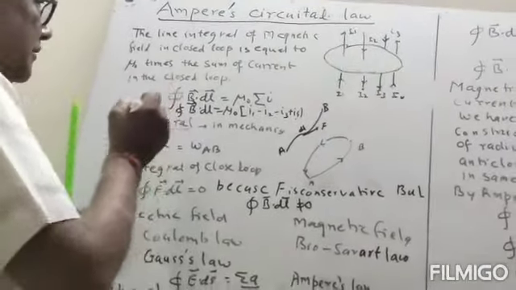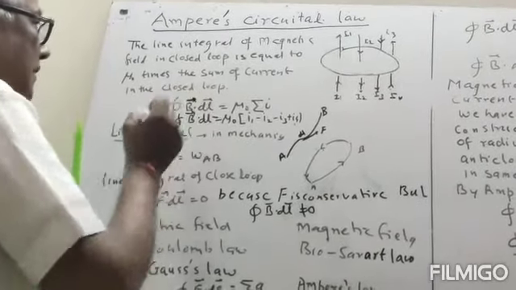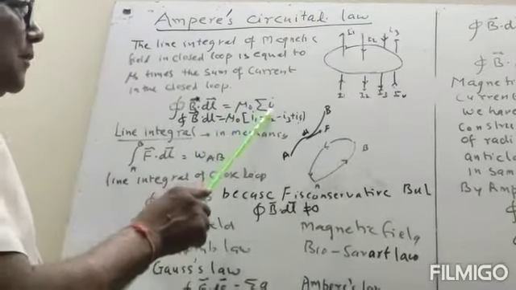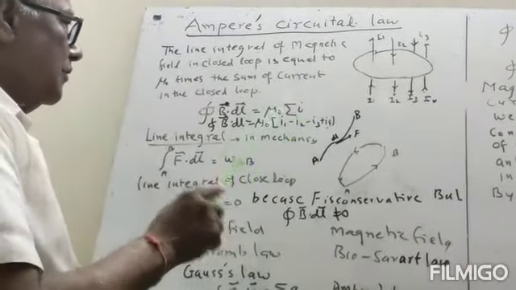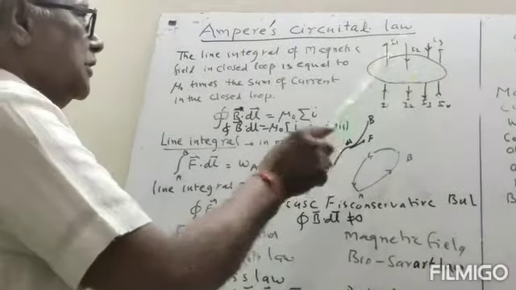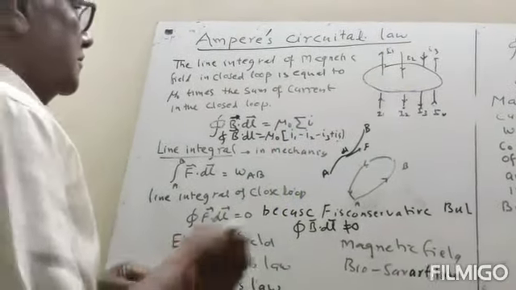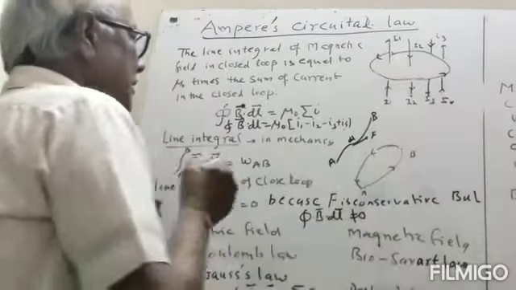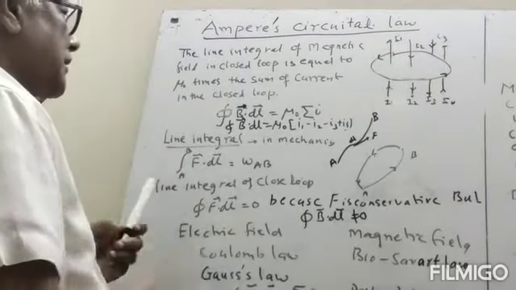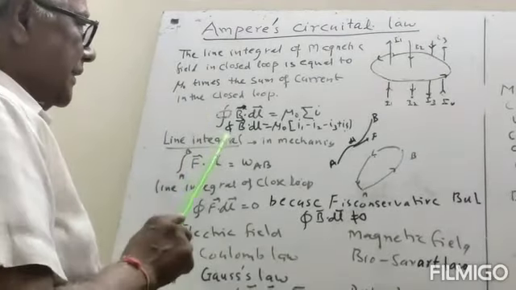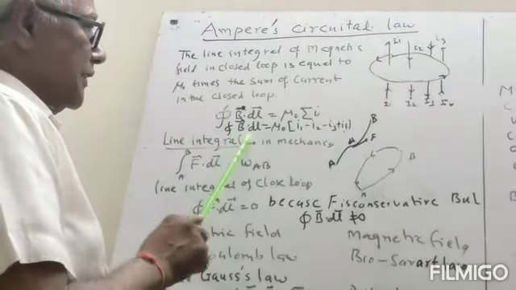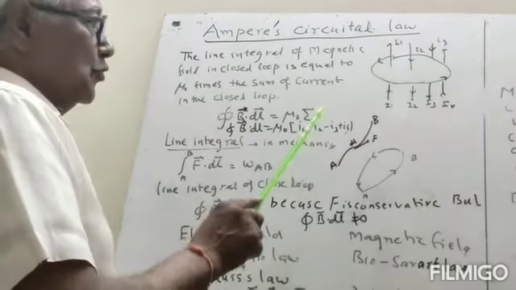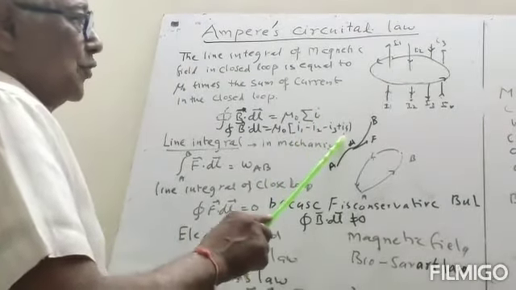B vector dot dl is equal to mu 0 multiplied by the summation of I. For this closed path, we can write the line integral for the closed path B dot dl is equal to mu 0 times I1 minus I2 minus I3 plus I4.